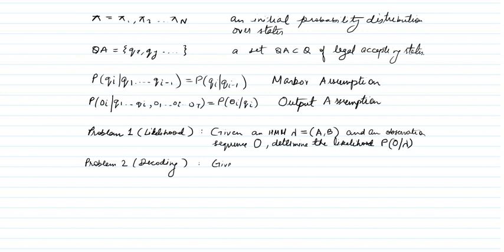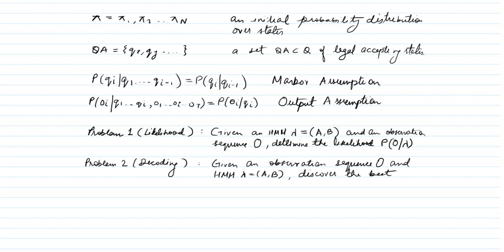Given an observation sequence capital O and an HMM lambda (A, B), that's the same thing, discover the best hidden state sequence Q.